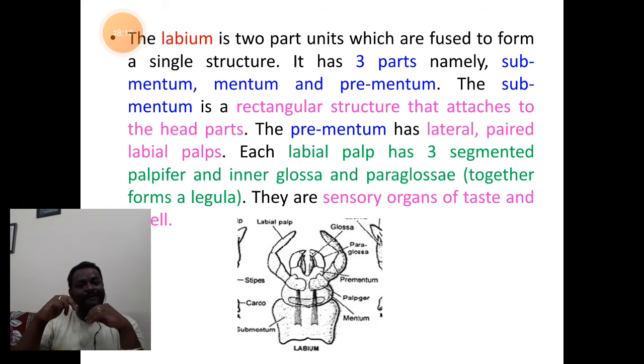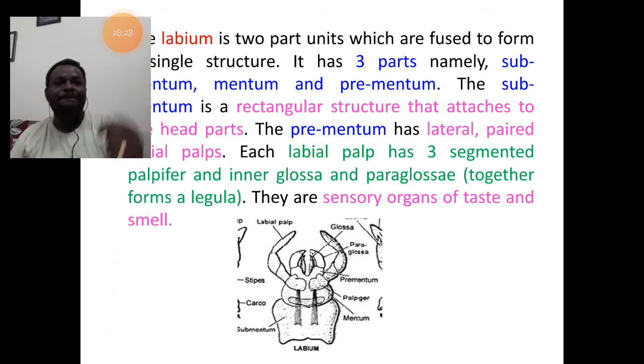So we have, in the case of maxilla, galea and lacinia. Homologous to that here are glossa and paraglossa. They together are called the ligula. They are again the sensory organs of taste as well as smell.